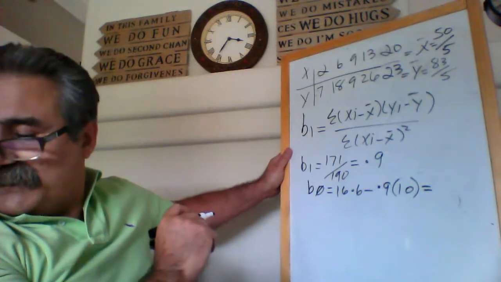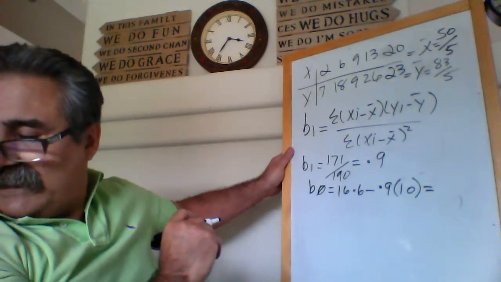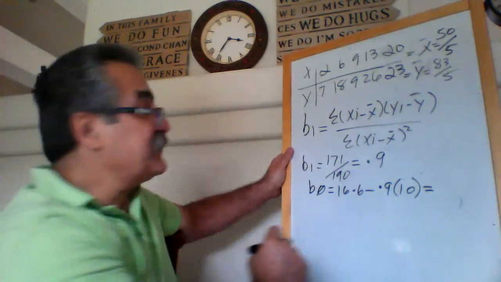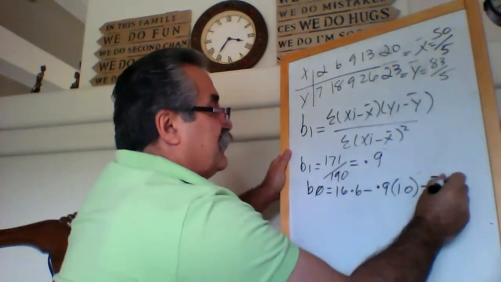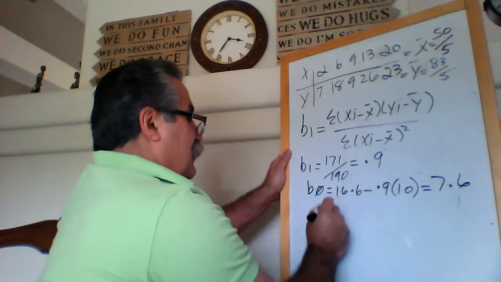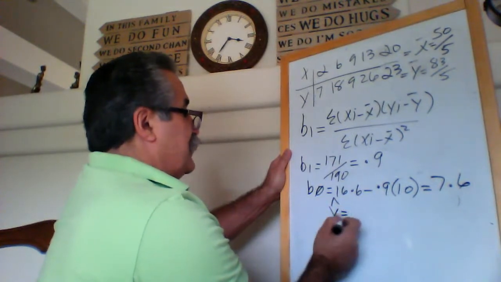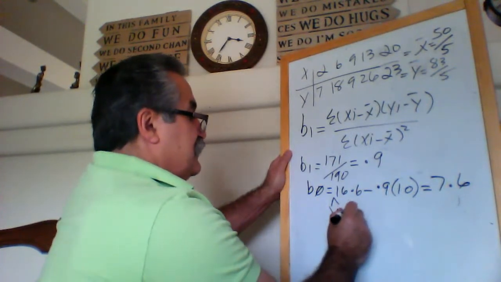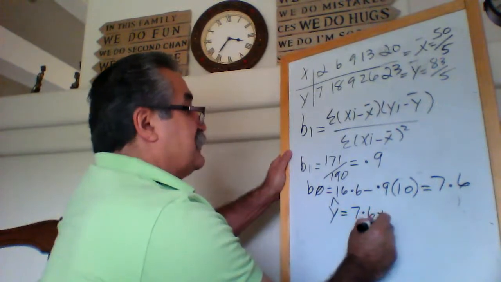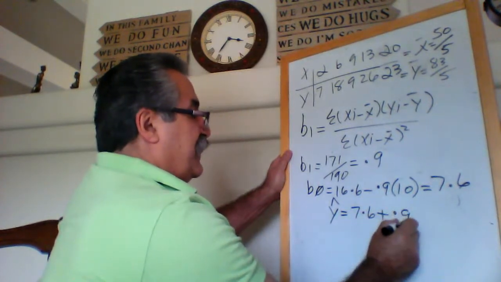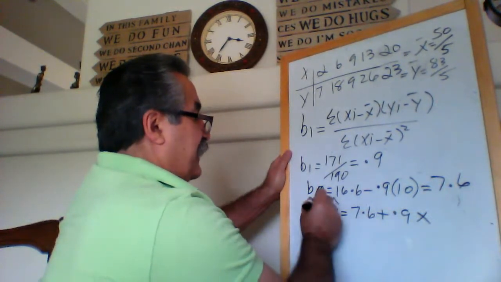So B sub 0 would be 7.6. Now our line regression equation would be 7.6 plus 0.9 times x.